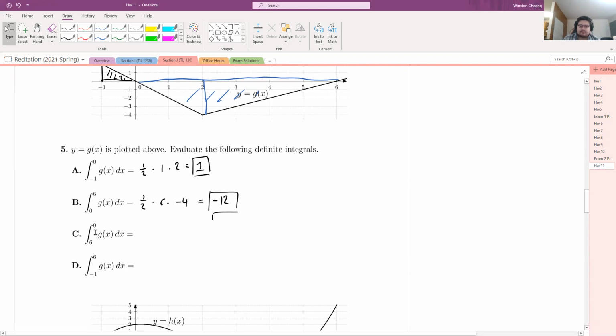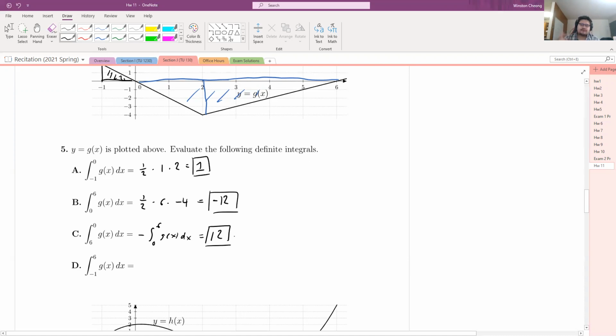When we flip the order of the integral, we actually also flip the sign of the result. So one way I can do this is I can relate this back to problem B by saying this is equal to negative of the integral from 0 to 6 of g of x dx. Okay, and so the answer for this part is 12.